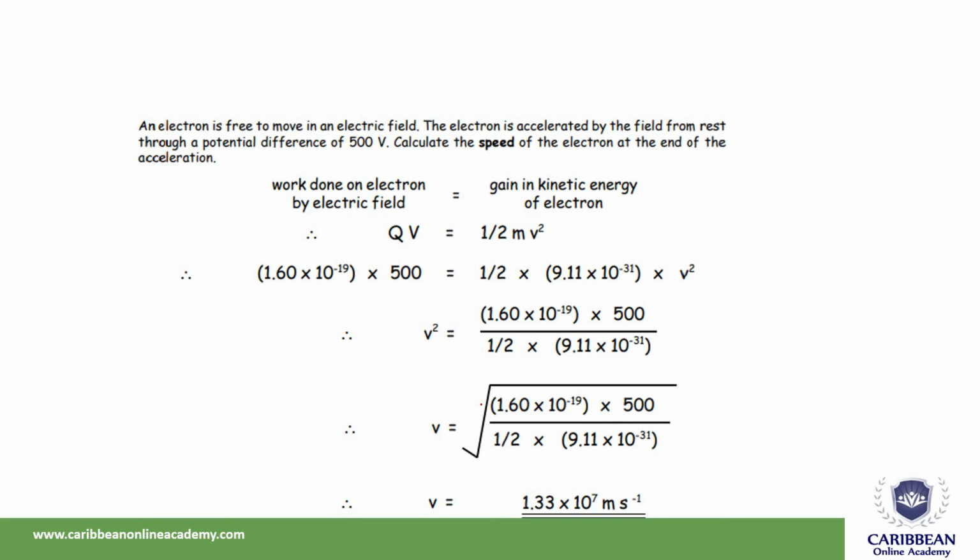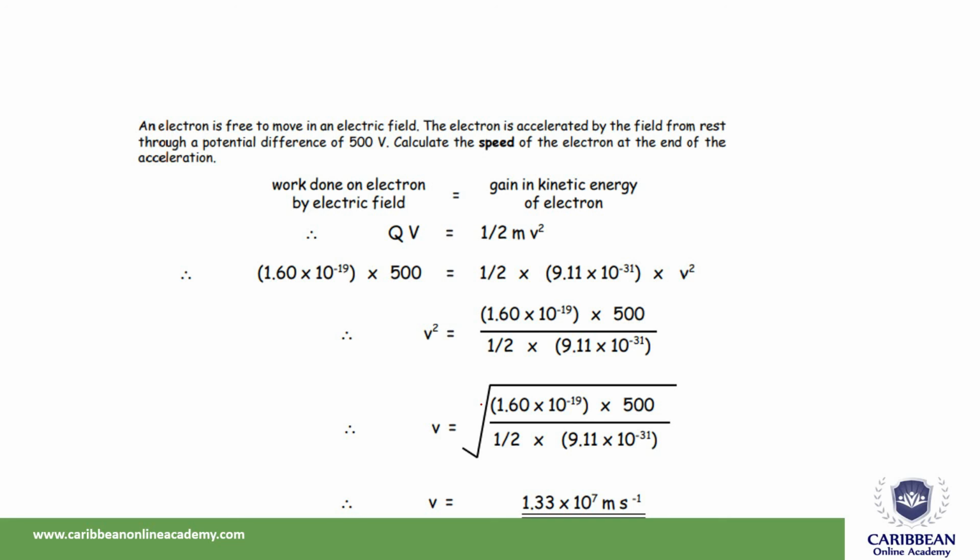Whatever work is done on the electron by the electric field is equal to the gain in kinetic energy. And the work done on the electron is the energy that is stored, which is the potential energy, and we know that work is equal to Q times V. So whatever my potential energy value is, that is what my kinetic energy is going to be as well.